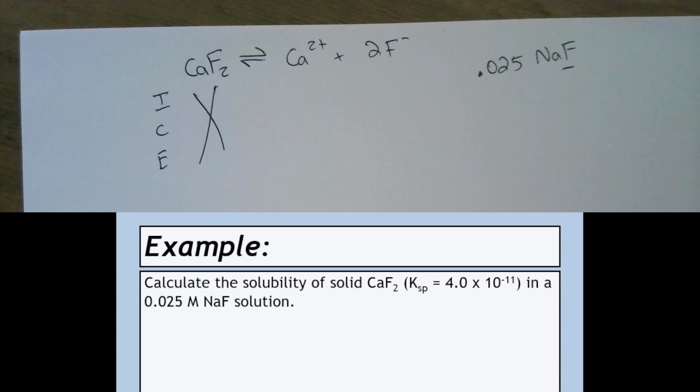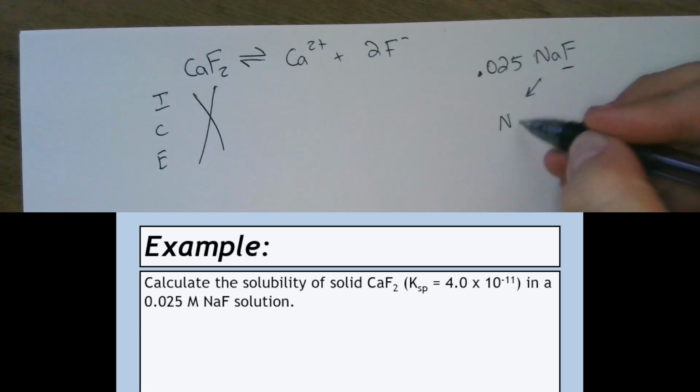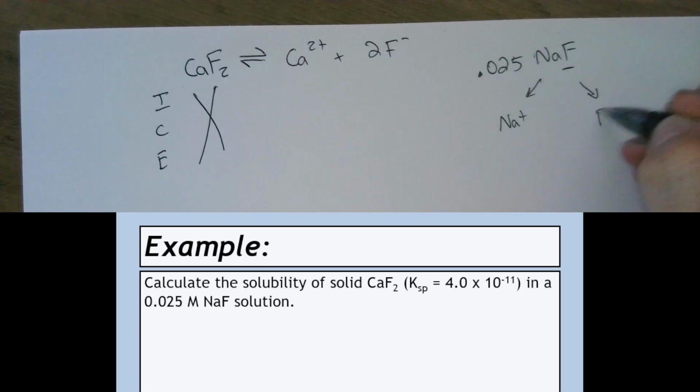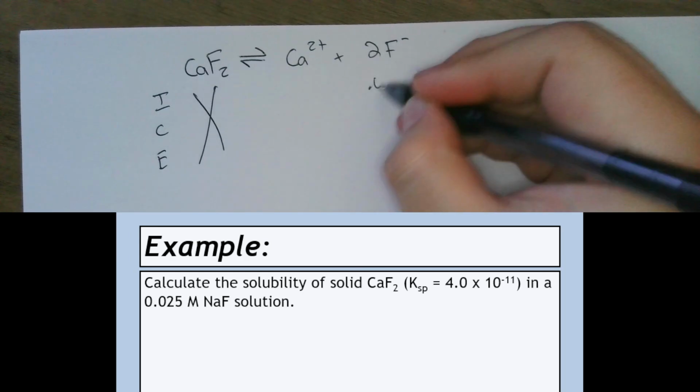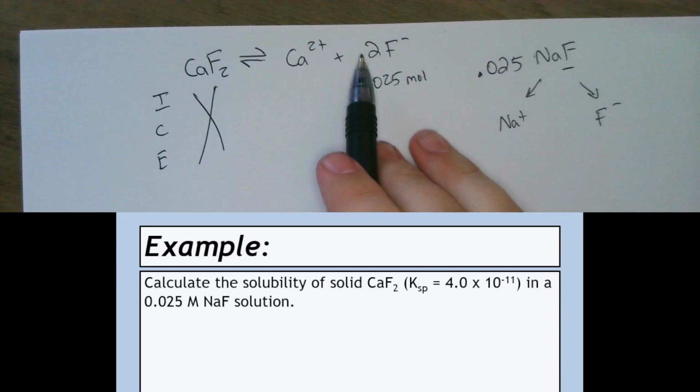I already have fluorine ions and sodium ions, which sodium never really matters, right? But I have these fluorine ions floating around because this is going to break into Na pluses and F minuses. Because of that, I'm going to actually have 0.025 moles of this to start.